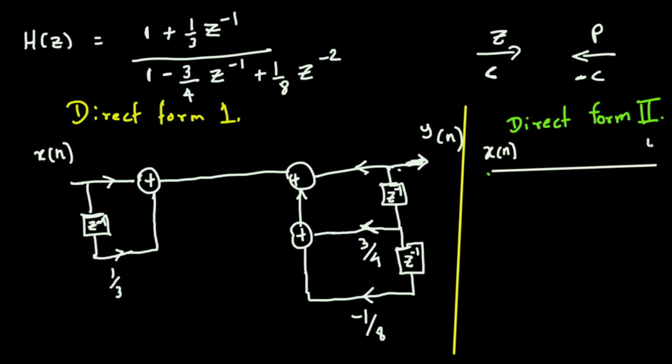Then y of n. Now what we do is we bring these terms to the front. So we are going to have a plus right here and another plus over here, and we have z power minus 1 twice.